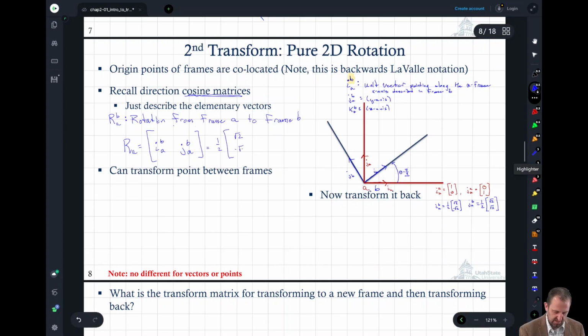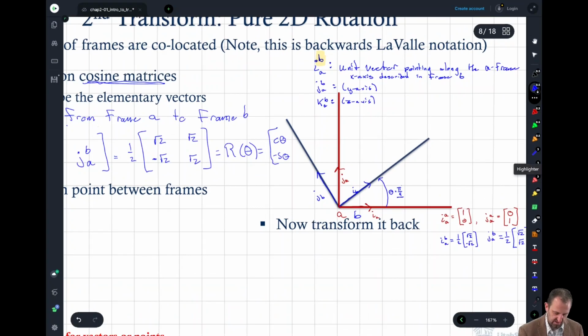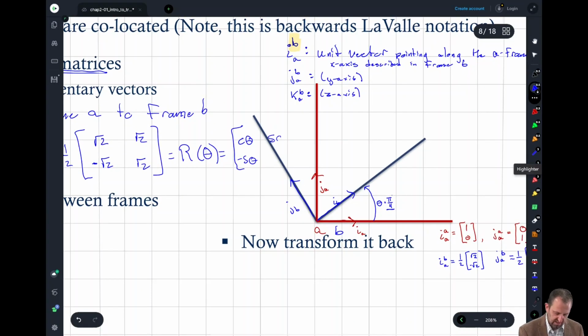We already did this, minus square root of 2, square root of 2, square root of 2. Okay. Another way we could have written this is as R of some theta. This is just the cosine of theta, negative sine theta. Sorry, I kind of ran out of room. Sine theta and cosine of theta.